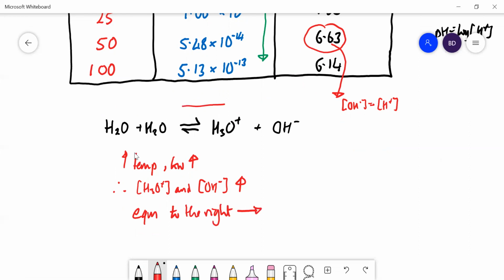Le Chatelier says that whatever you do, the system will always try to oppose the change. So if you increase the temperature, it tries to decrease the temperature. So that means this must be endothermic in that direction. So the dissociation of water is endothermic.